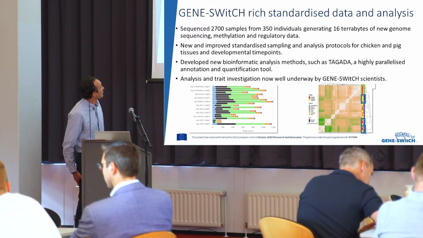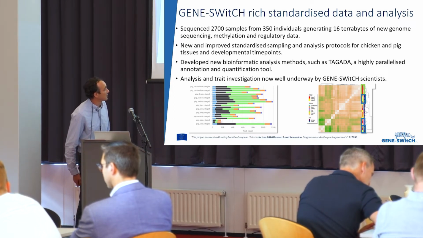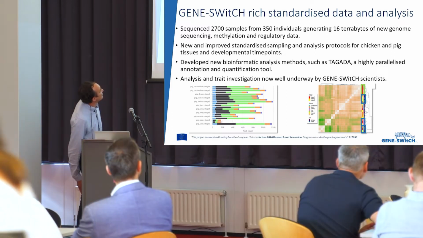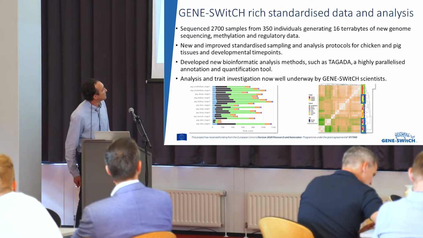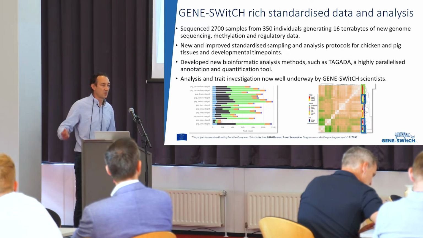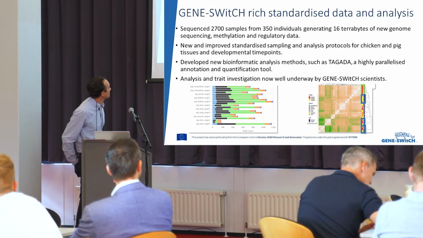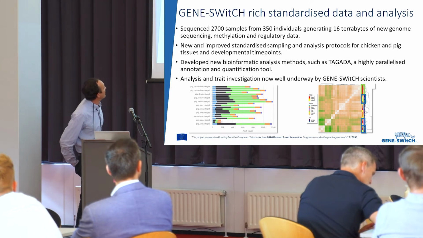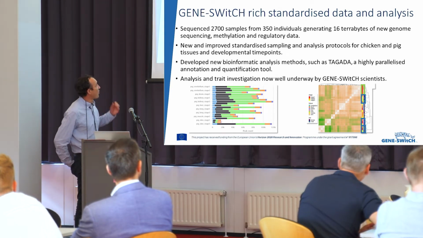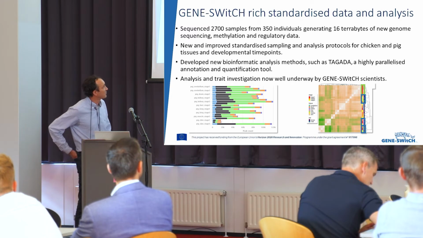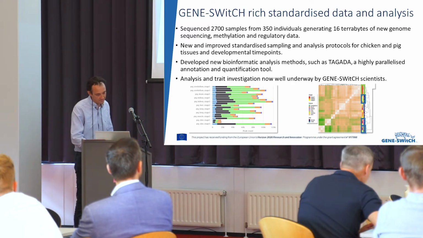And for that, we also have open access bioinformatic analysis methods that are open to everyone, such as the Tagada pipeline, which is able to do automatic annotation of a tissue from RNA-seq data. And by the way, we are also working on the importance of this information to better understand the traits, the building of phenotypes.